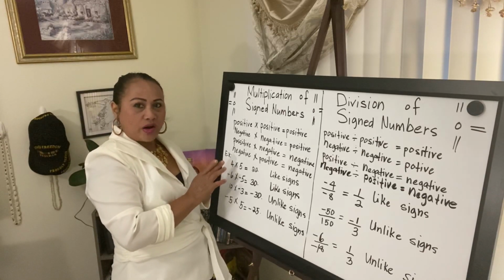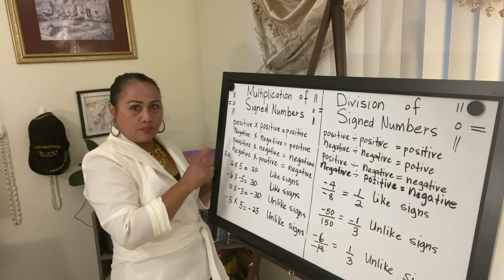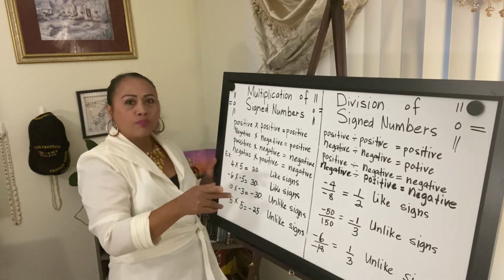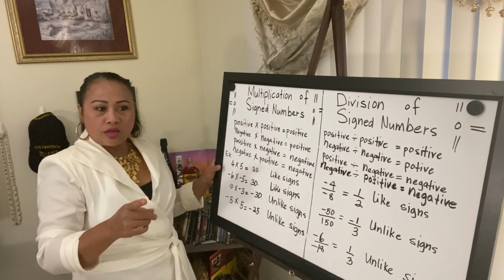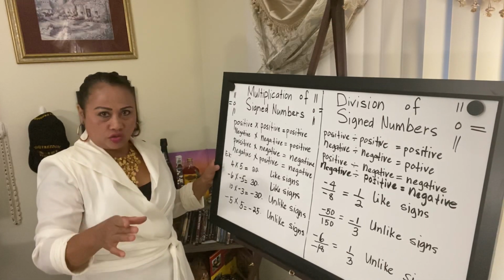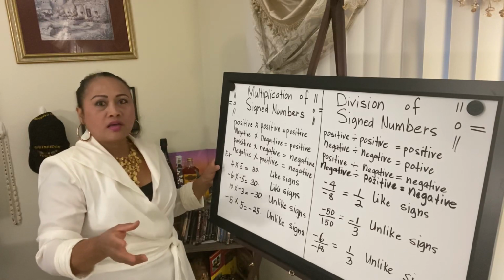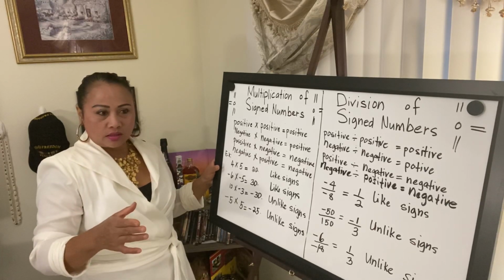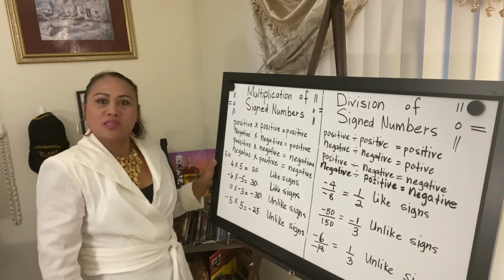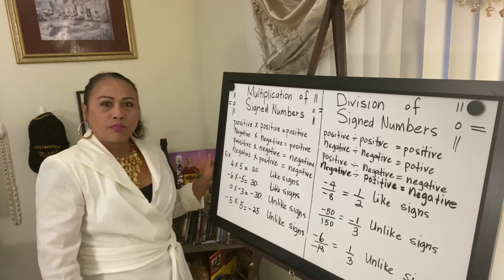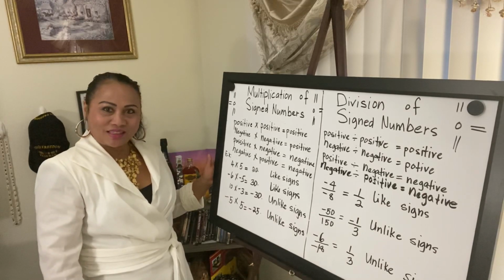So if you memorize this: positive times positive equals positive, negative times negative equals positive. If you multiply integers with the same sign, the answer is always positive. Positive times negative equals negative. Positive times positive equals positive.